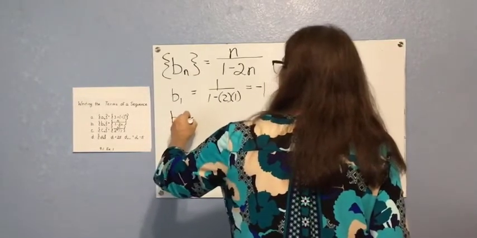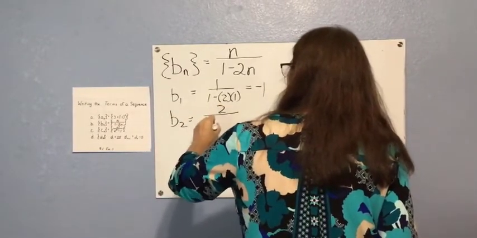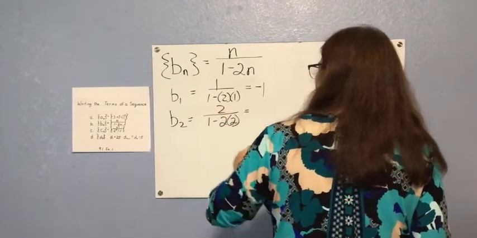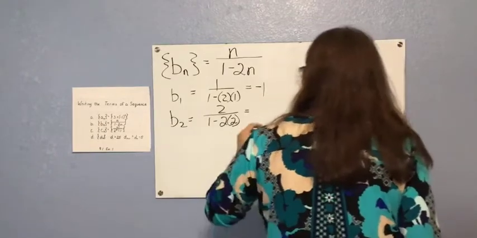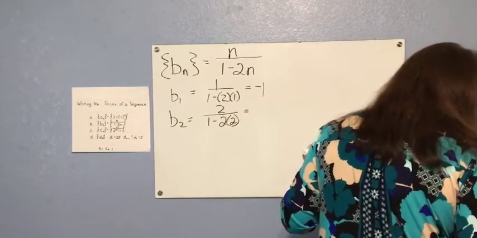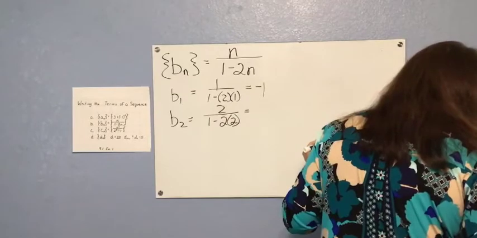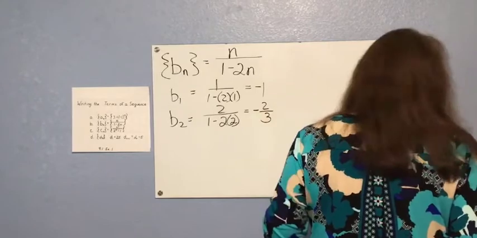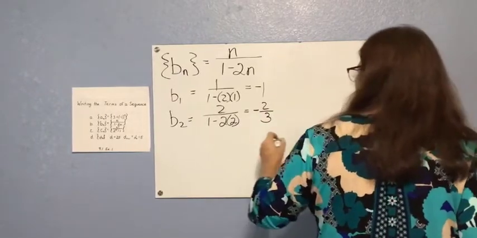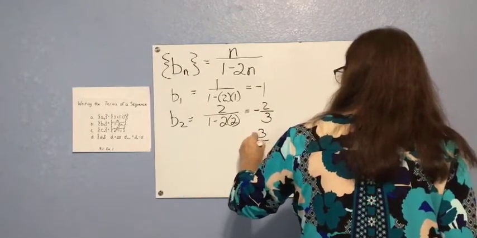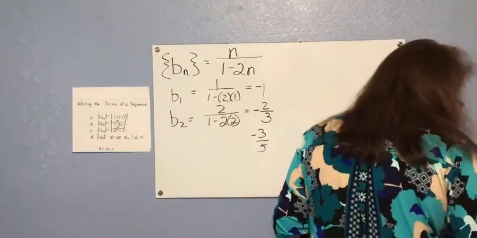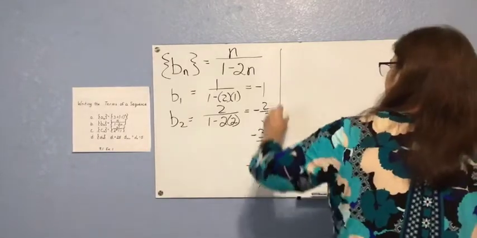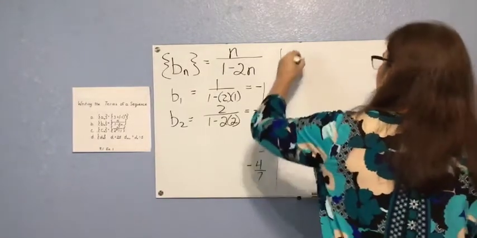B sub 2 would be 2 over 1 minus 2 times 2, which would be -2/3. And then we go on to -3/5 for the next, and -4/7.